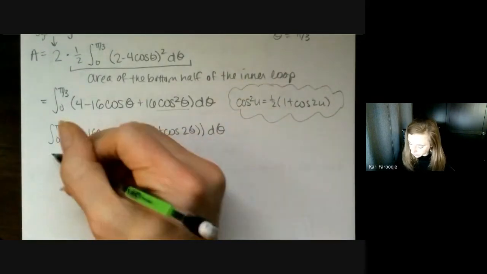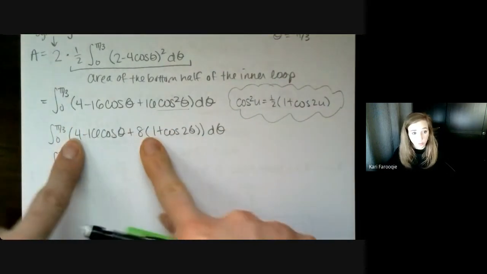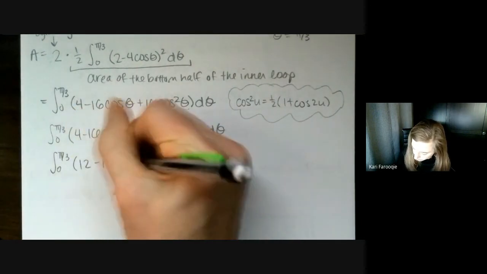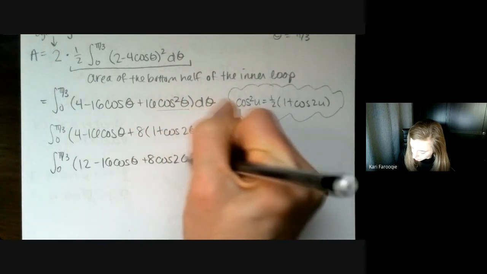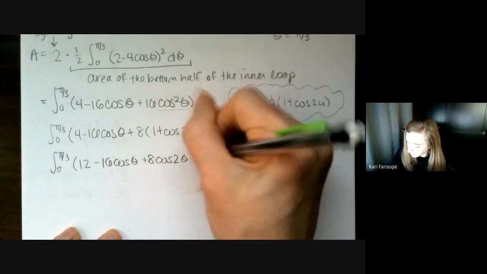And then simplify. 4 plus 8 is 12. Minus 16 cos theta plus 8 cosine 2 theta d theta.